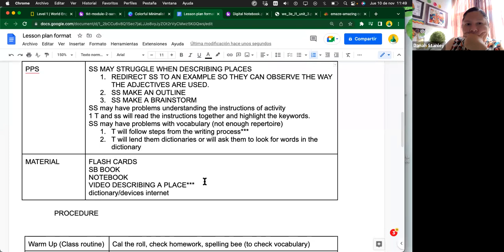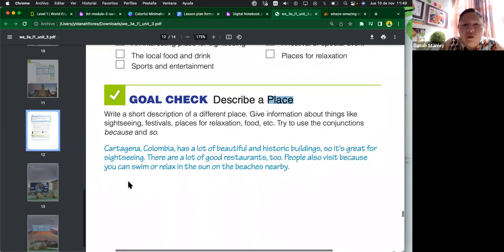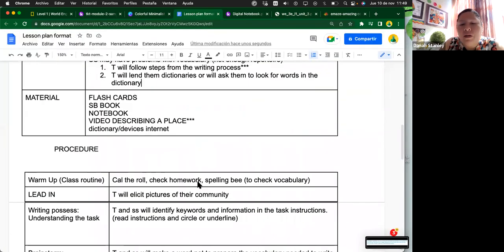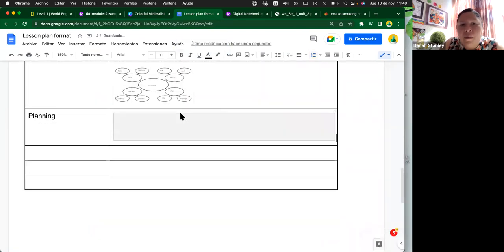You can write examples. So probably here you can direct the students' attention to the example they have in their notebook, in their book, so they can follow it as a model.